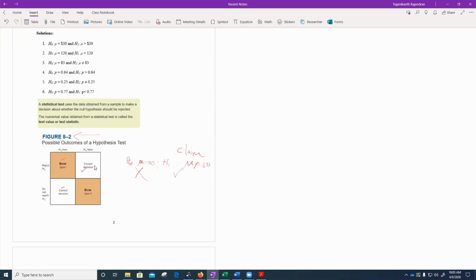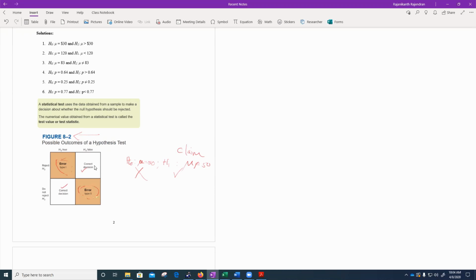But look at this one. You know already H naught is not correct, but still you are not rejecting H naught. Even though this is not correct, you are accepting that. That means this is also a kind of mistake you are making. So this kind of error is called the type 2 error, okay? You only have to look at these two errors when you do hypothesis testing.